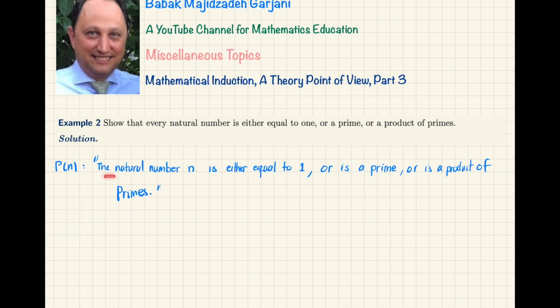So the natural number, instead of n you put 1, is either equal to 1, or is a prime, or is a product of primes. Of course, in this case it is clear that the number 1 satisfies the first property, so it is true. Yes? So let me write: P of 1 is true since 1 is equal to 1.